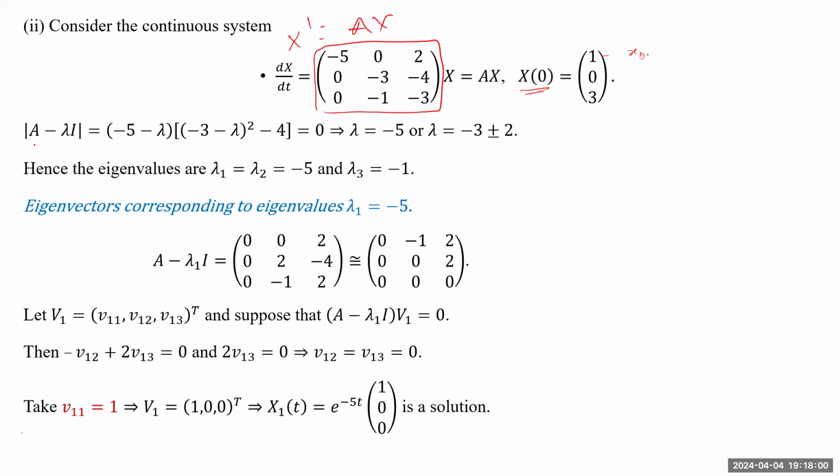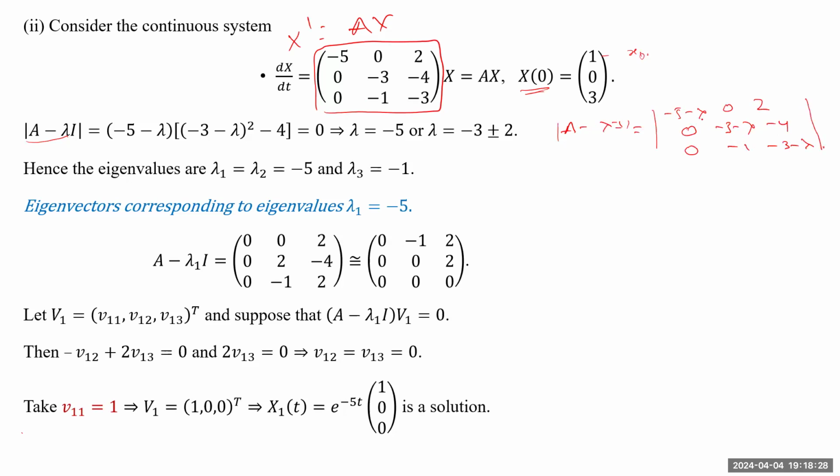determinant of A minus lambda I, right? This is our A, and the determinant of A minus lambda I is the determinant of minus 5 minus lambda, 0, 2; 0, minus 3 minus lambda, minus 4; and 0, minus 1, minus 3 minus lambda.